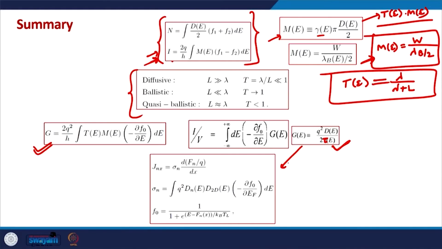Then we generalized this idea to the bulk transport case, and in the bulk transport case, we again came across a new idea, which is the idea of conductivity of the bulk material, and that turns out to be the average of the conductivity function, which is essentially this, and it is again averaged in the Fermi window. So, that is how we have developed the theory of transport using a bottom up approach.